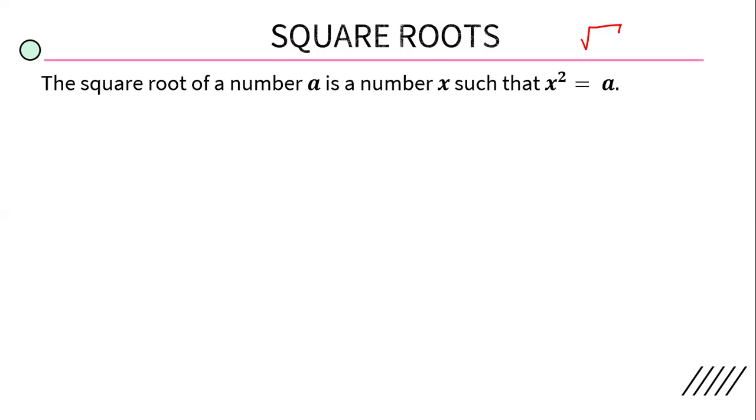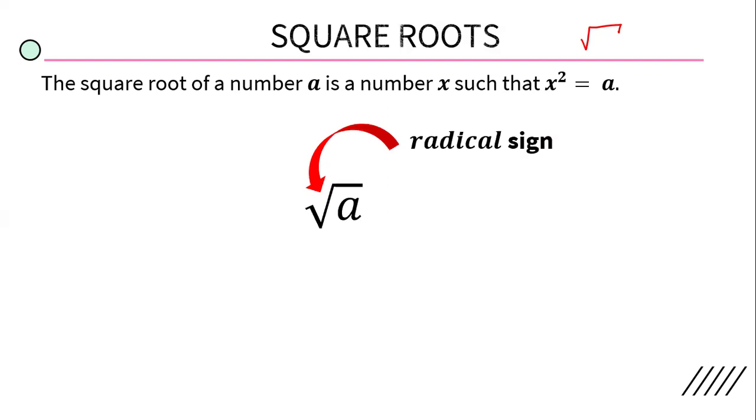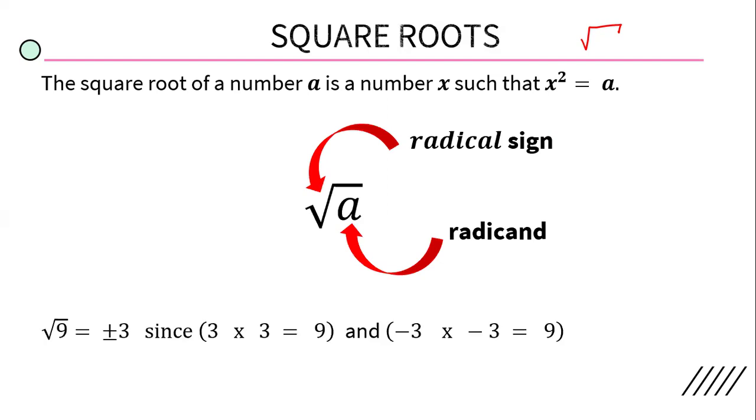So let's look. We have the square root of a. Again, this is our radical symbol, the square root symbol. And we have our number, the base number itself, which is known as the radicand. Now, the square root of a number normally gives us 2 values, a positive value and a negative value.